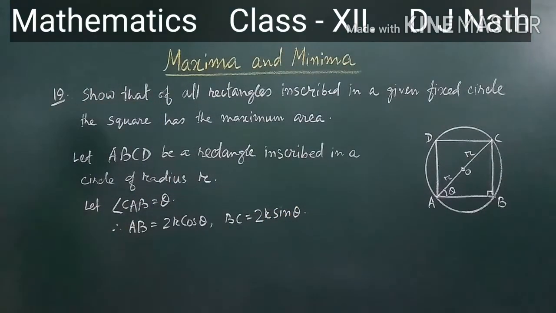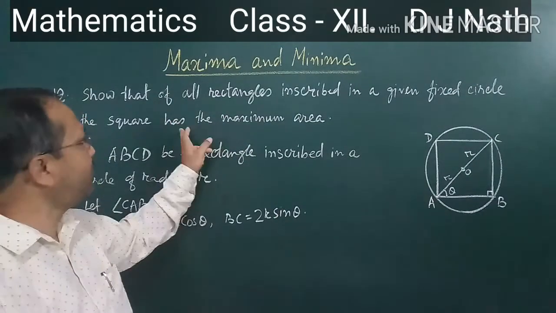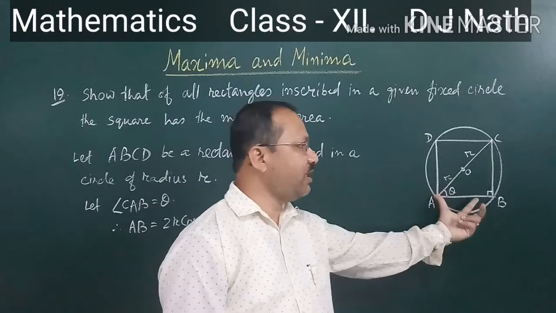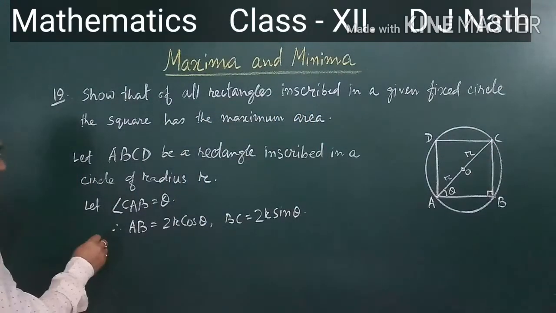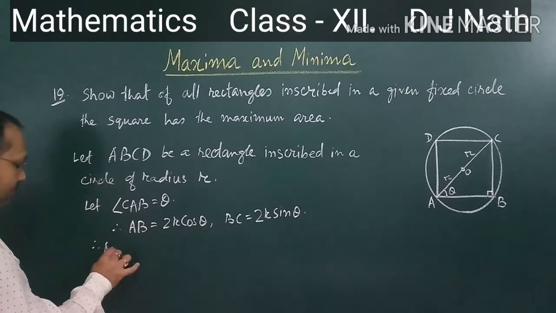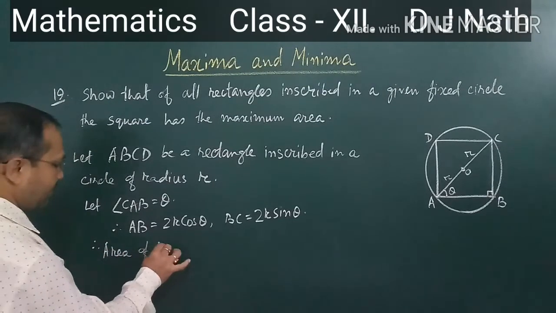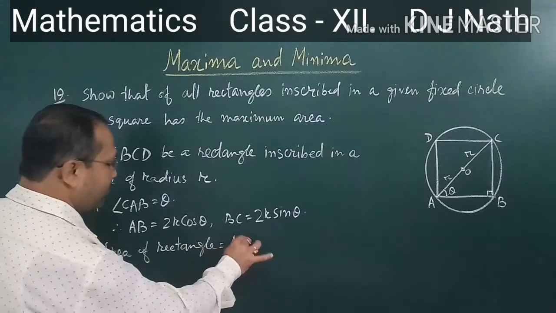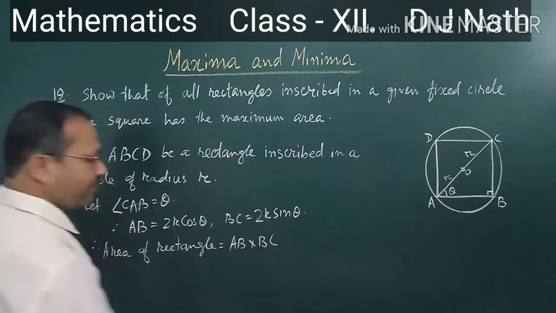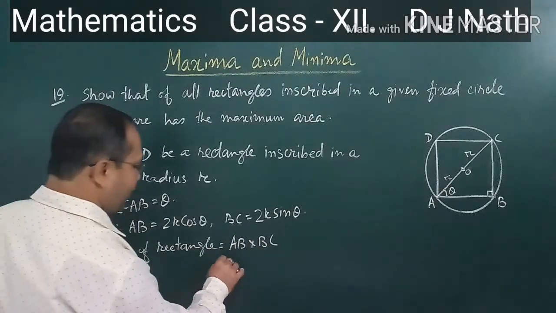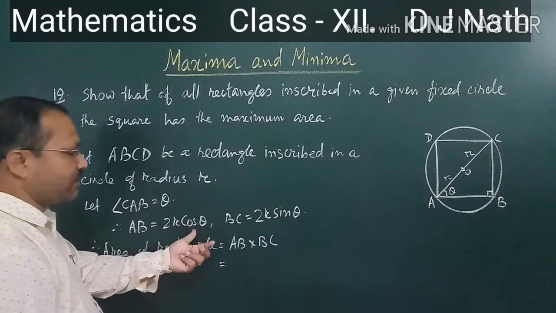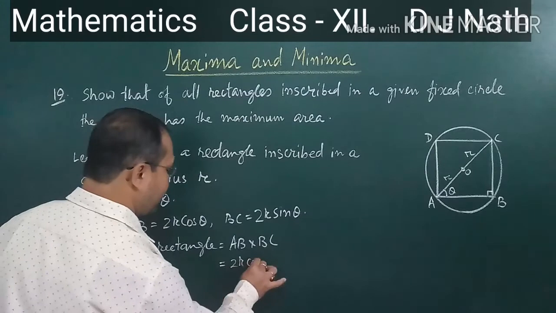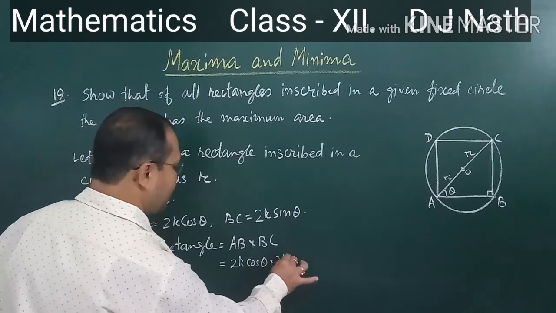Okay. Now, what is the area of this rectangle? It is told it has maximum area. Area is length into breadth, so AB into BC. Therefore, area of rectangle is equal to AB into BC, so 2r cos theta into 2r sin theta.